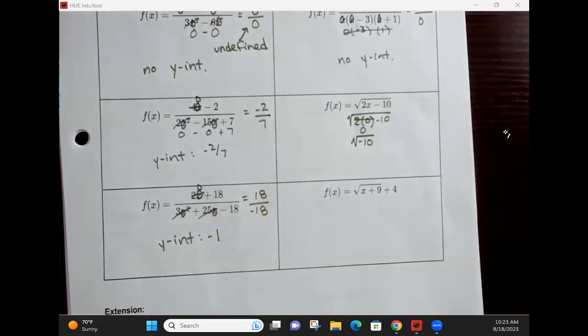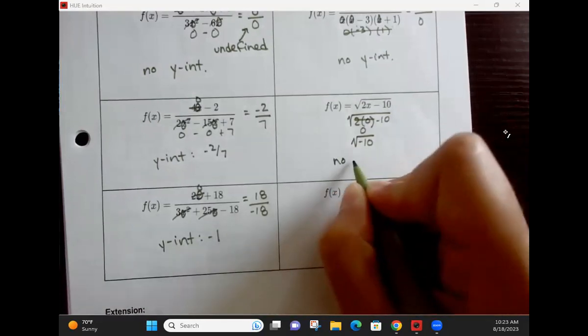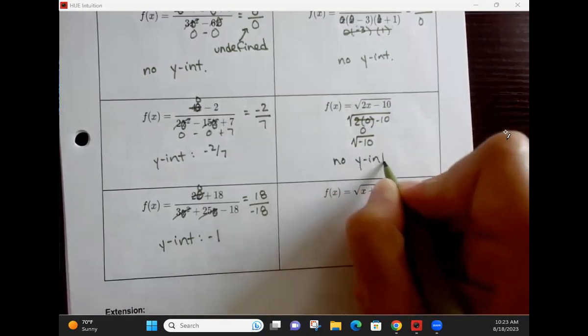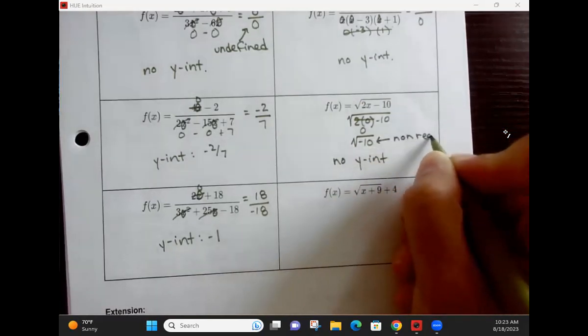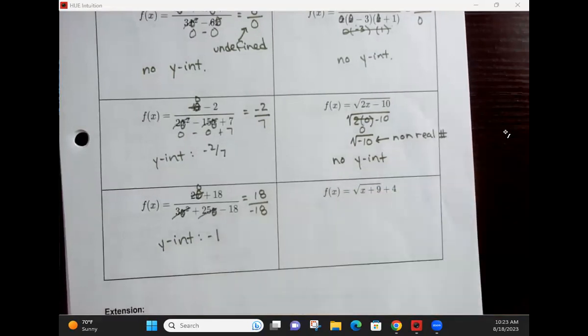Square root of a negative, not a real number, so we won't see a y-intercept on this guy. Since we got a non-real number, that means we're not on a coordinate plane going to see a place where this graph touches or crosses. This function touches or crosses the y-axis.